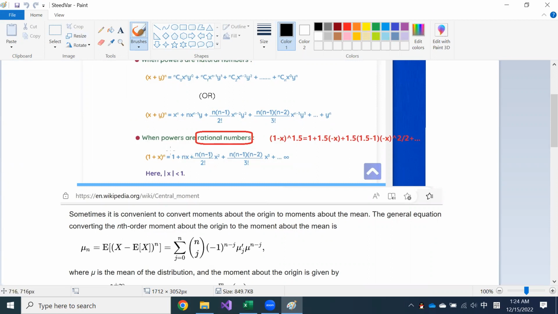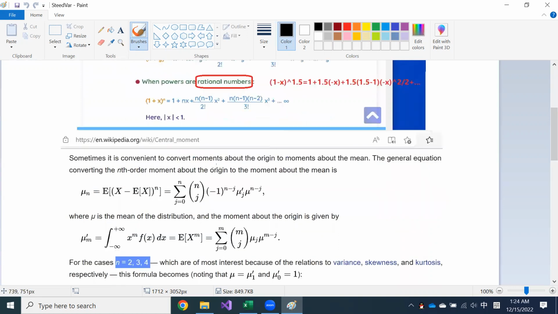This expansion holds as long as x is less than 1, which means as long as the number is not out of bound, you're able to approximate it. Here we focus on the second term, the x squared. We don't care about x, because this is a mean. This is a higher third moment, and you can have a fourth moment. But now we just focus on the second moment because the standard deviation is here.